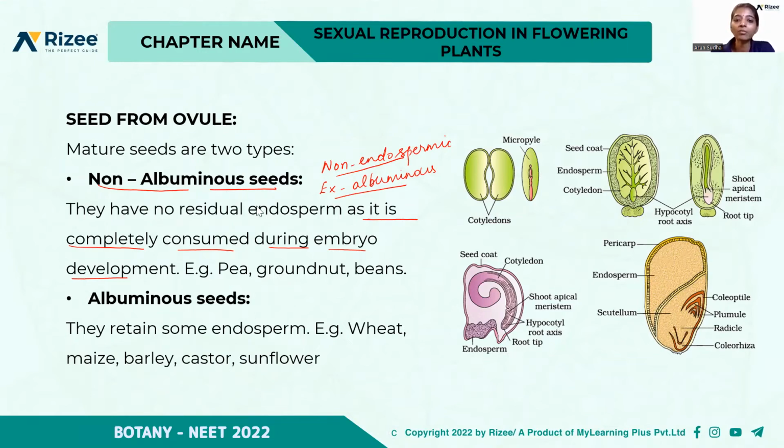In the case of non-albuminous seeds, they have no residual endosperm as it is completely consumed during embryonic development. In the case of albuminous seeds, they retain some endosperm, that is, even after utilization for embryo development, the seeds will have some endosperm. Examples for the non-albuminous seeds are pea and groundnut.